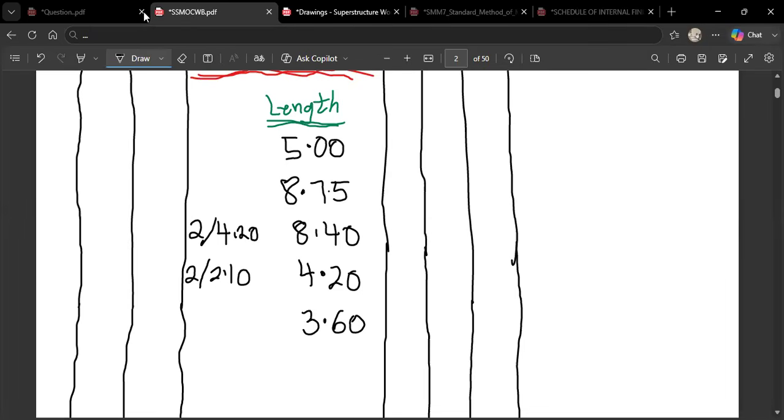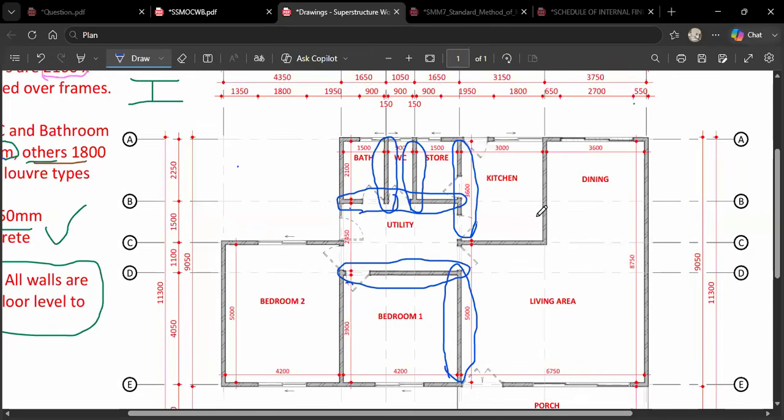Then which other one is there? You see this one, 3,000. This one is how much? 3,000.